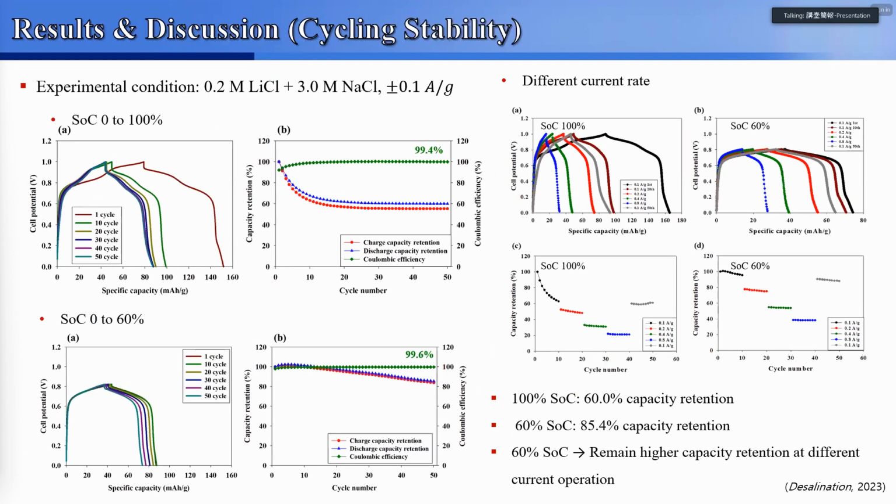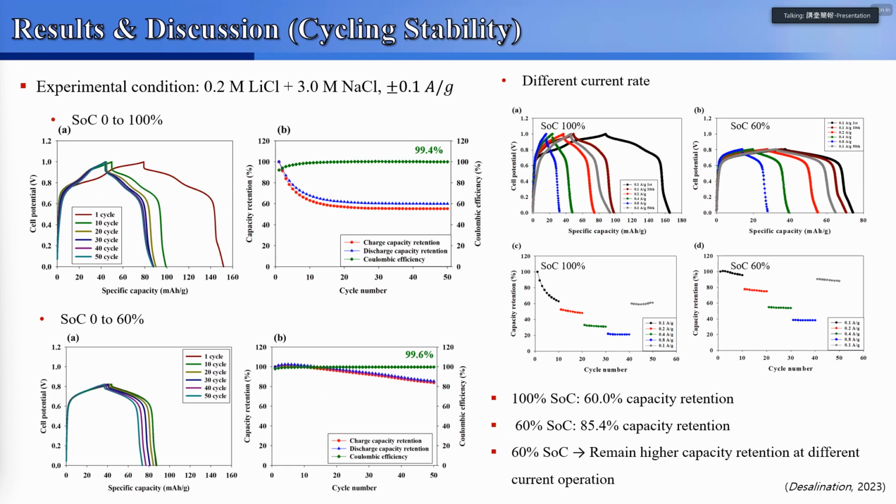This page shows the result of cycling stability data. The upper figure shows the cycling result of 100% SOC. It means fully charging and discharging operation. As you can see from the capacity retention, the capacity is greatly reduced during 20 cycles, and there is 60% capacity retention after 50 cycles.